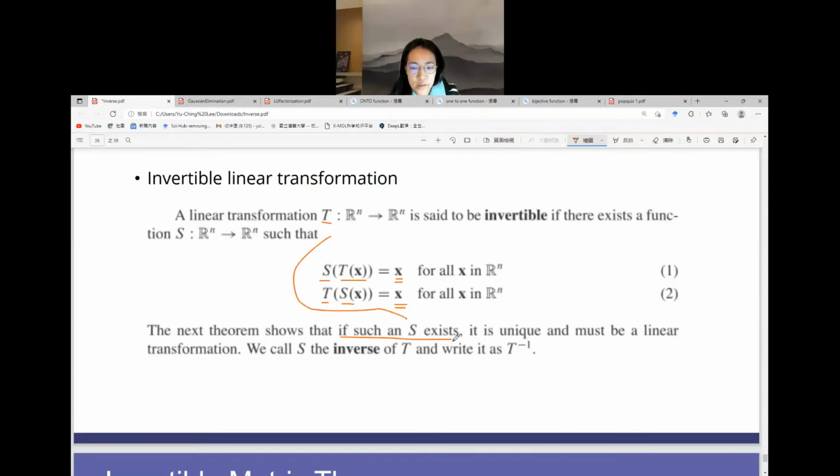And if such an S exists, it should be unique. 那既然是一对的，那当然只要它存在的话，它就只有那一个. And it must also be a linear transformation. And then we call S the inverse of T, and write it as T inverse. Okay. Then this concept is analogous to the matrix inverse.